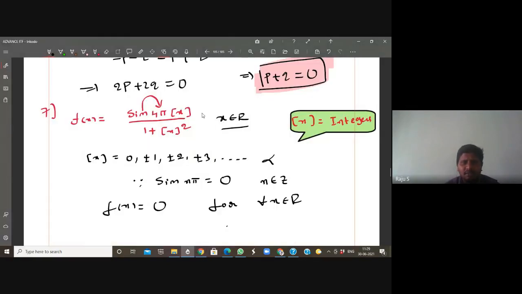At 0 minus, the greatest integer of 0 minus is clearly minus 1. When I substitute minus 1 in place of x, sin of 4 pi into minus 1 gives minus 4 pi, which is minus sin 4 pi. Anyhow, 0. At x equal to 0, the left hand derivative is clearly 0.